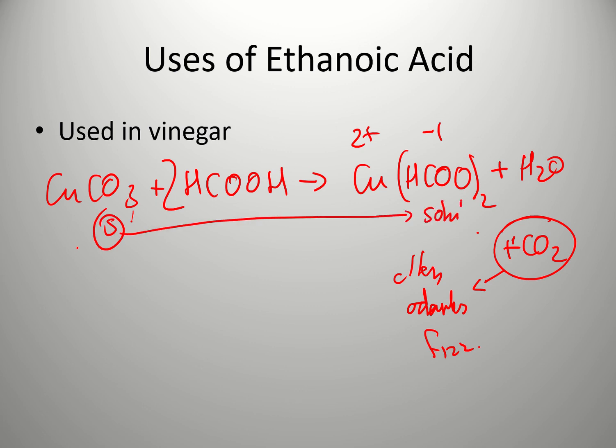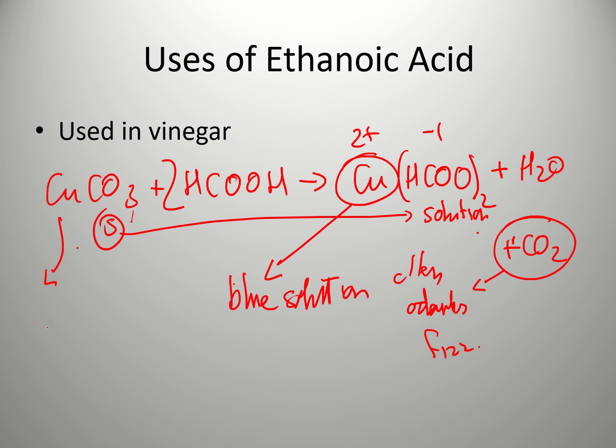Now this is where you need to be a wee bit careful on this one. This is not a group 1 or group 2 metal. This is a transition metal, and you should know that copper solutions have got colour, and this one this time we will get a blue solution.